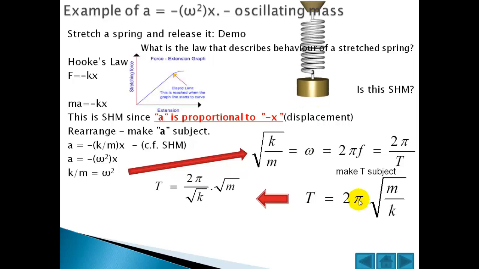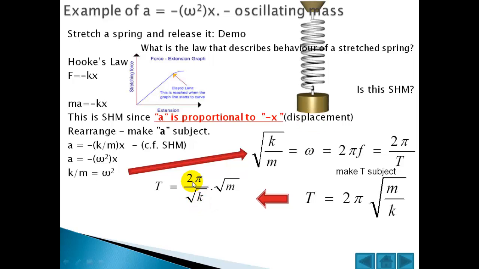Now, what we can do in a lab is to do an experiment where we change the mass, we vary the mass, and see how it affects T. We know that T is proportional to the square root of the mass. So if we draw the appropriate graph, we'll get a straight line graph where the gradient will be equal to 2 pi over root k.